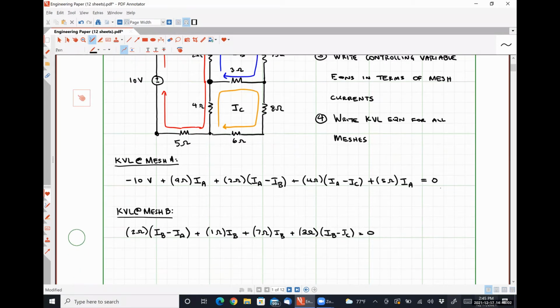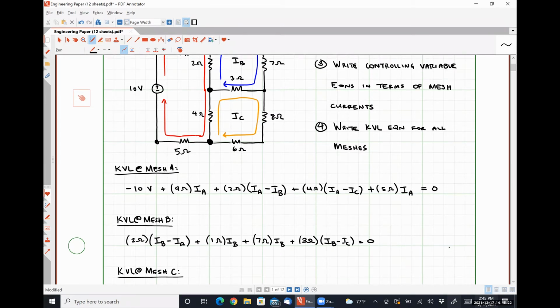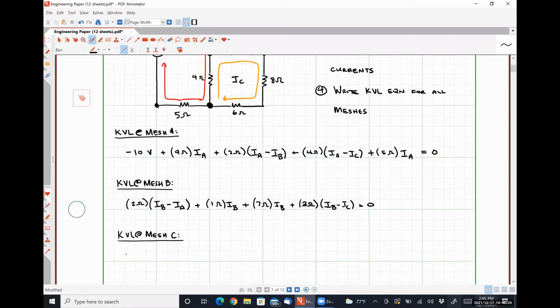Lastly, we would write a Kirchhoff's voltage law equation around mesh C. Starting at this node where the 5, 6, and 4 ohm resistors meet, and following mesh C around its clockwise path, Shaw, what should be my first term? 4 ohms times IC minus IA.